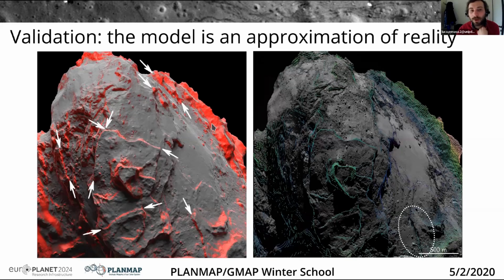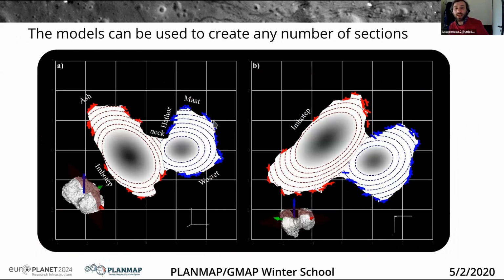How to do that? You already know that. If you go back some slides, you need SPICE kernels. You need the navigation data to know where the camera was pointing when a specific picture was taken. This is very useful to be able to get that kind of information.